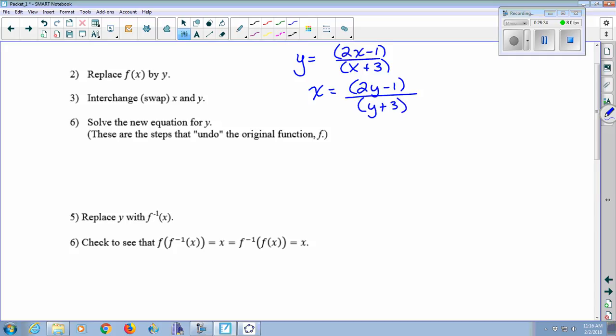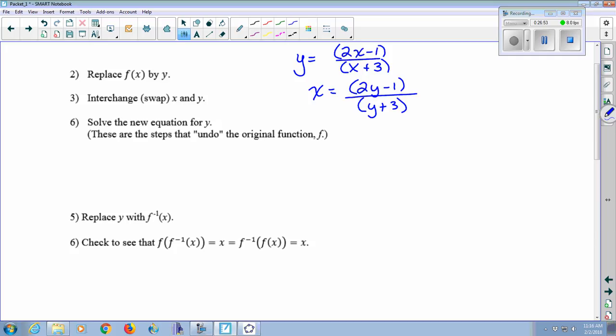And now you're going to solve the new equation for y. When you do this, you're undoing everything that originally happened to x. That's why you do the swap now. You say to yourself, oh, I have y's in both my numerator and denominator.